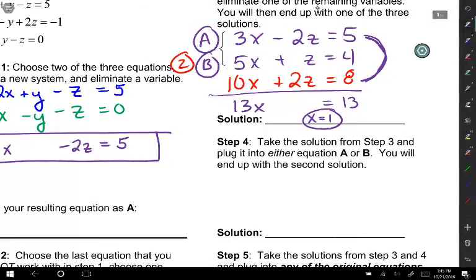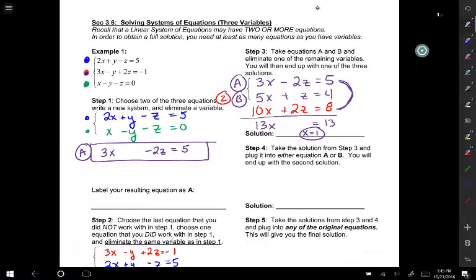I'd like to get the value of z. Which equation would you like to use to get z? One of the original 3, or A or B? Which is the easiest? Which just has a z all by itself? Equation B, right?